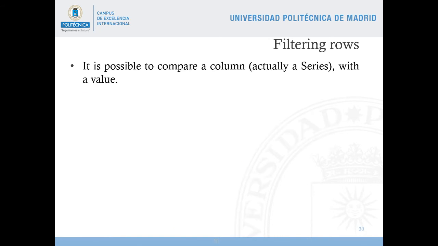To solve this problem, we can compare a column. You may remember that a column is actually a series. A data frame is like a list of series. You have several series, and each series is a column with a value. If you compare a series or a column in a data frame with a value, what you are actually doing is comparing each individual element with the value.